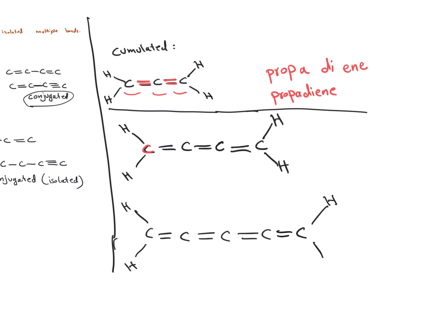Okay, like this. If we want to write the name of this, we have 1, 2, 3, 4 carbons, so the name would be butane if we had only 1 double bond.